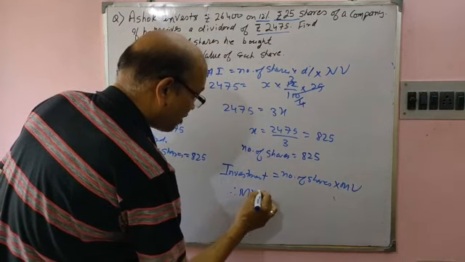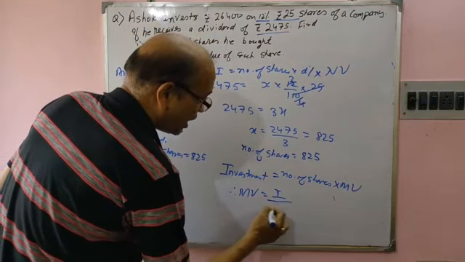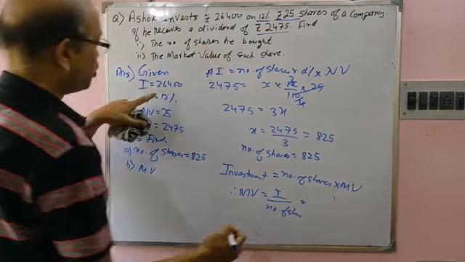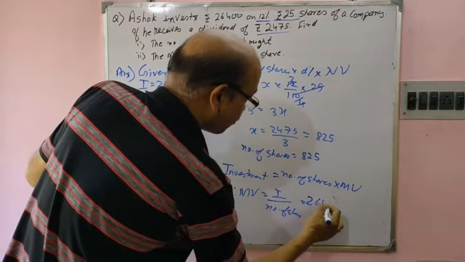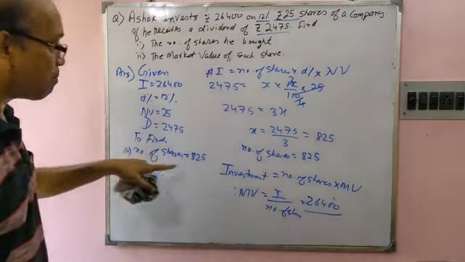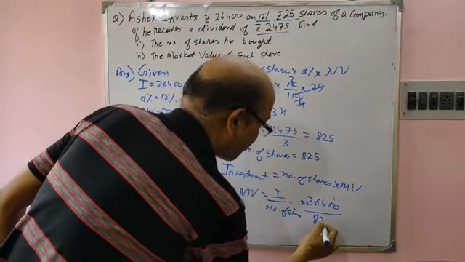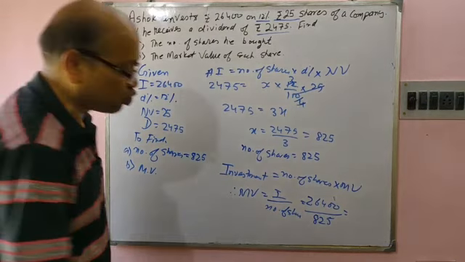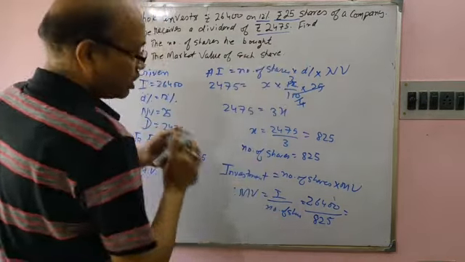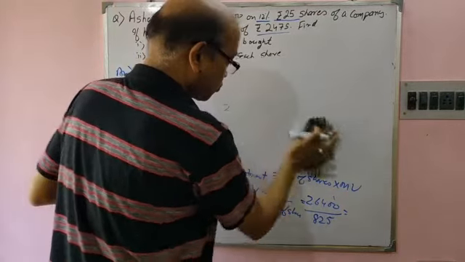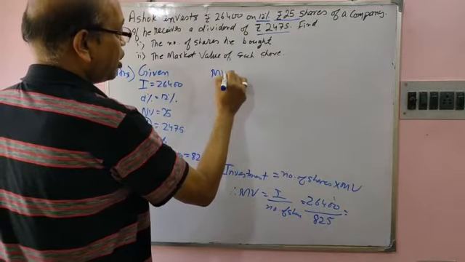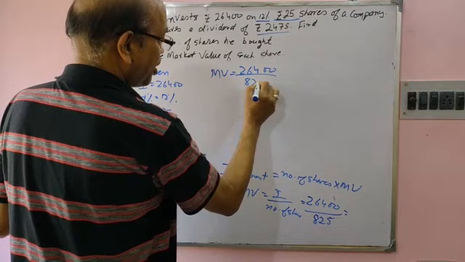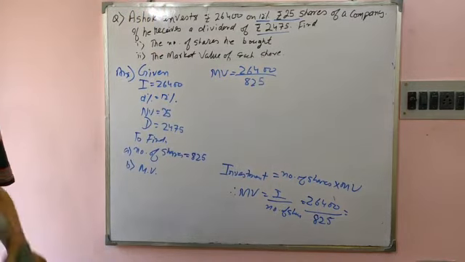Therefore, market value is investment by number of shares, which is 26400 by 825. Let us do the calculations here.